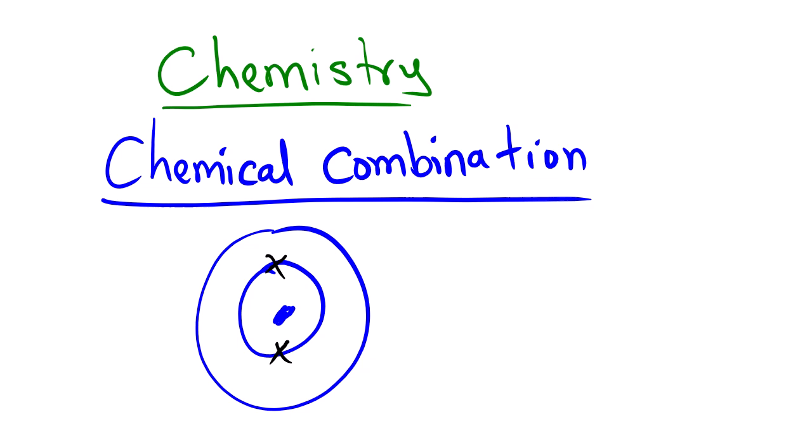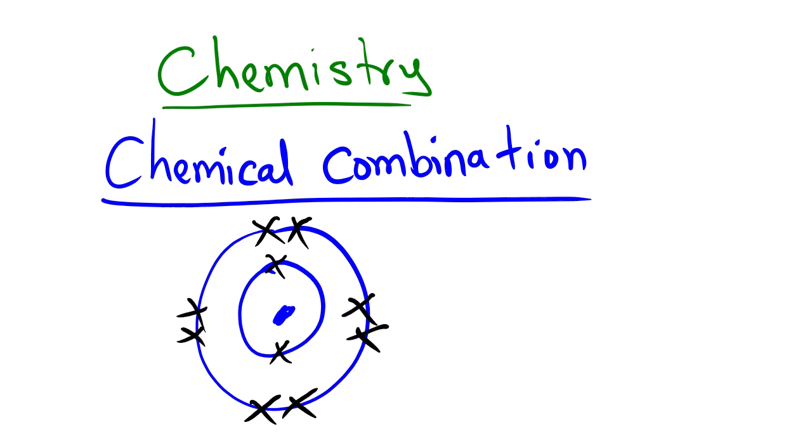So the first shell, which is the innermost, is capable of taking only 2 electrons. So we have 2 electrons. The outermost shell here can contain 8 electrons, so we put 8 here.